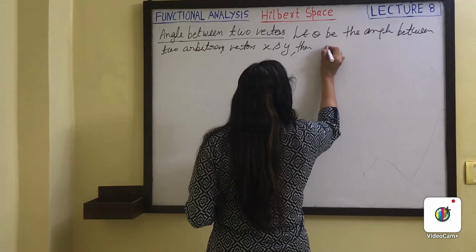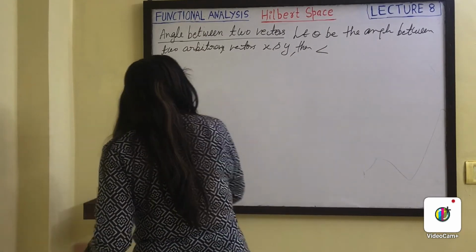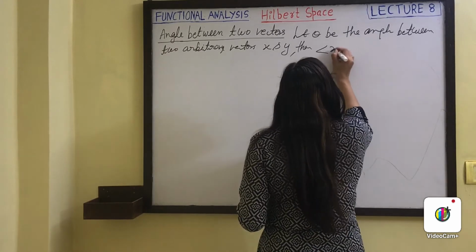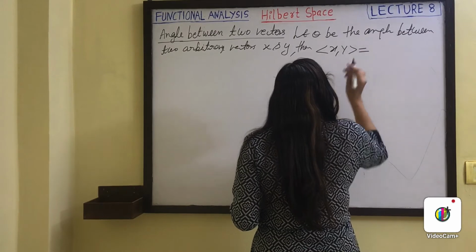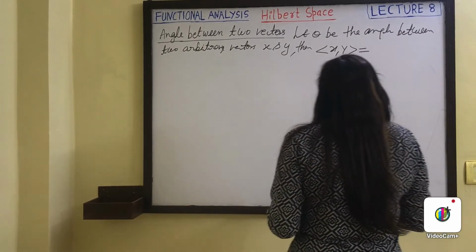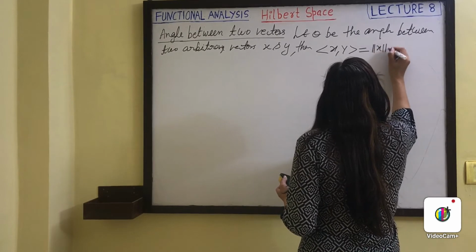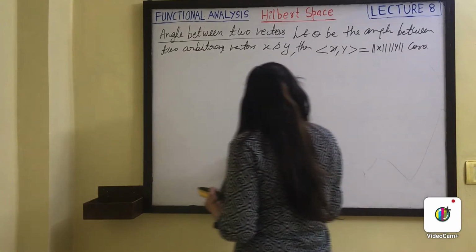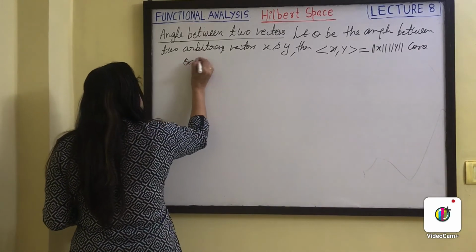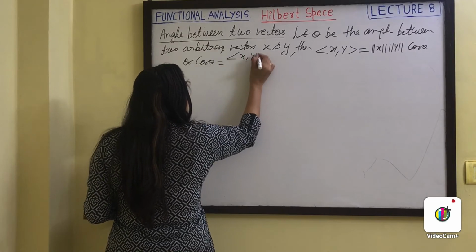Then the inner product of x, y is equal to norm x norm y into cos theta, or we can say cos theta is equal to the inner product of x comma y divided by norm x into norm y.